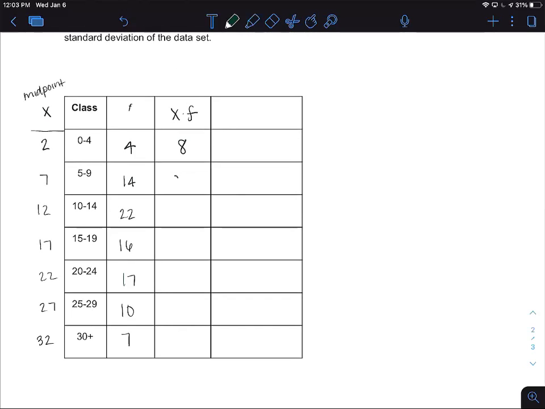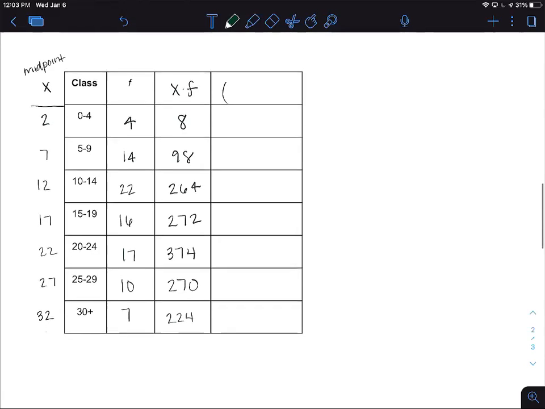We get 98. 12 times 22, we get 264. 17 times 16, 272. 22 times 17, 374. 270. And then 32 times 7 is 224.